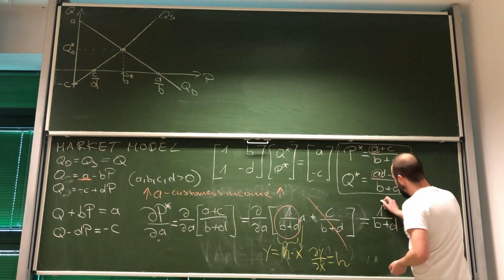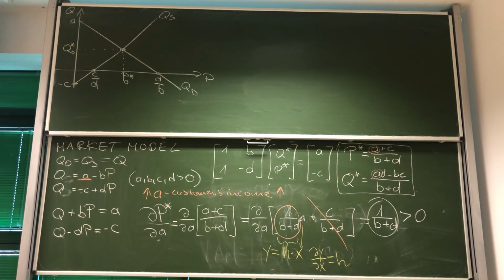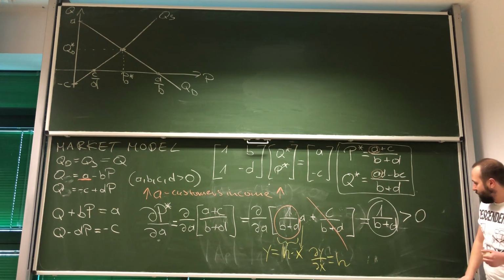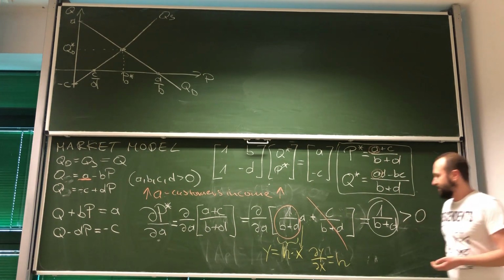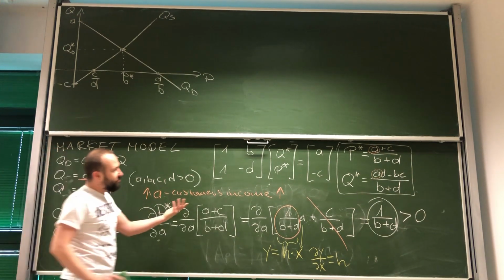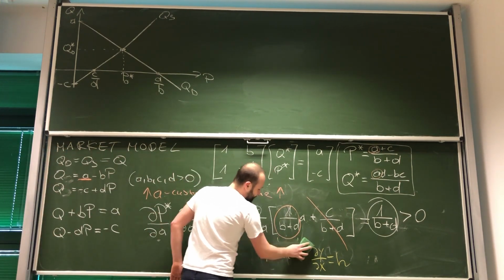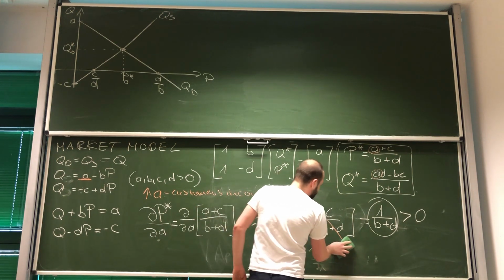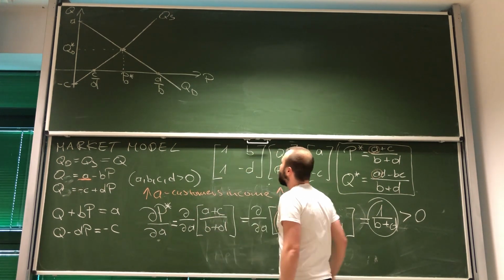By how much? Well, by this much. We don't know how much exactly it is, but we definitely know that this expression is positive. And look, even though this expression might seem confusing at the beginning, I hope you can see that calculating this derivative is really easy.